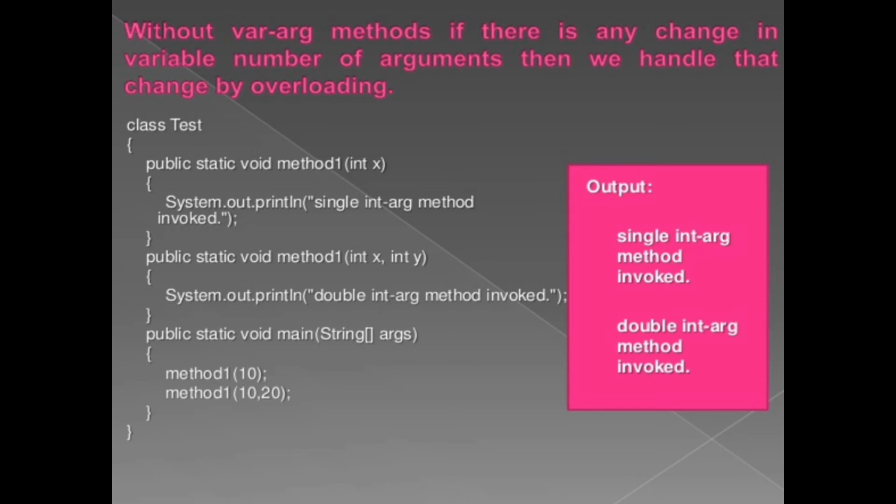Without using variable argument methods, if there is any change in the number of arguments, then we handle that change by overloading. Here I am writing one program not using any variable arguments. In that case the program is lengthy.